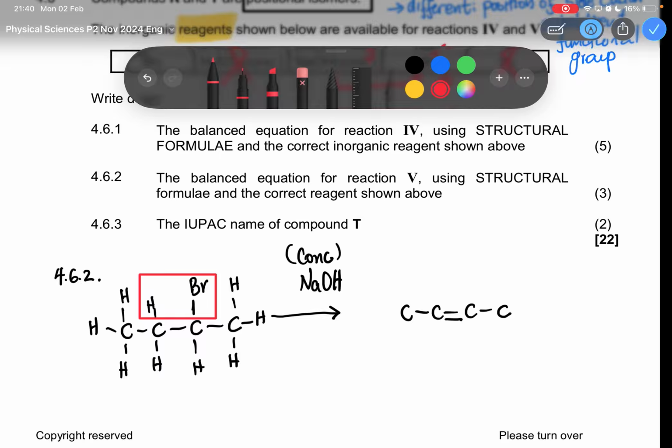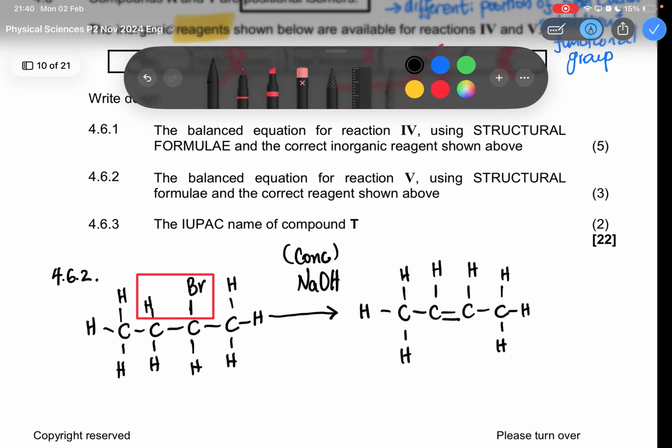Then we have that. And remember, this is dehydrohalogenation as well.